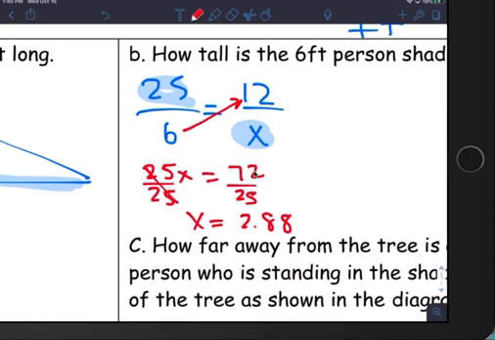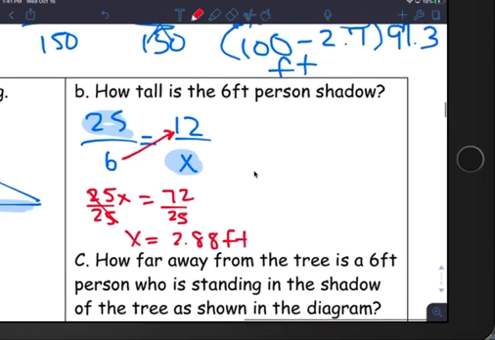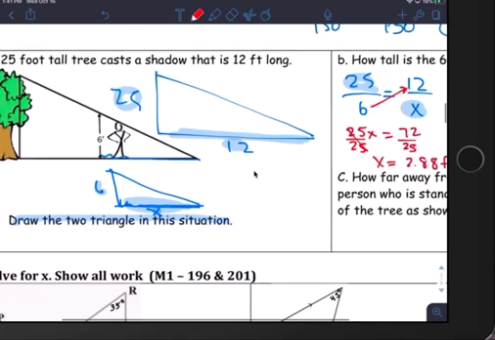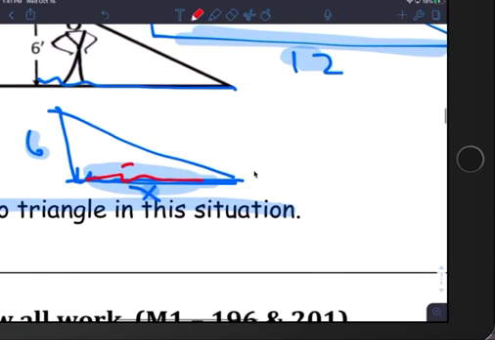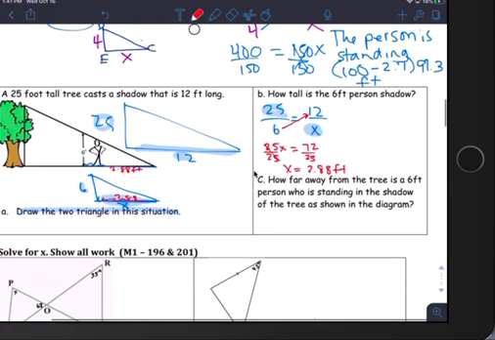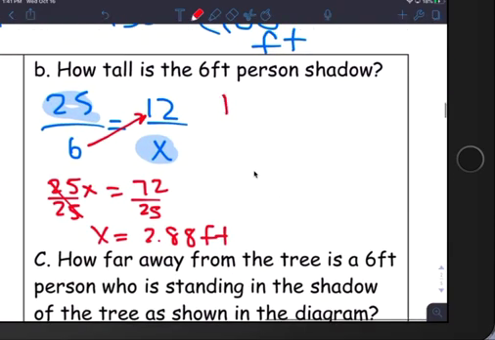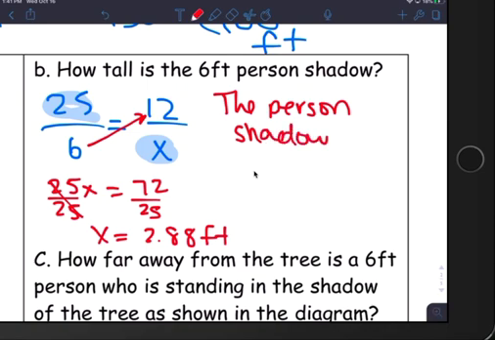Yep, 2.88 feet. That's the person's shadow. It's 2.88 feet. Okay? The person's shadow is 2.88 feet.